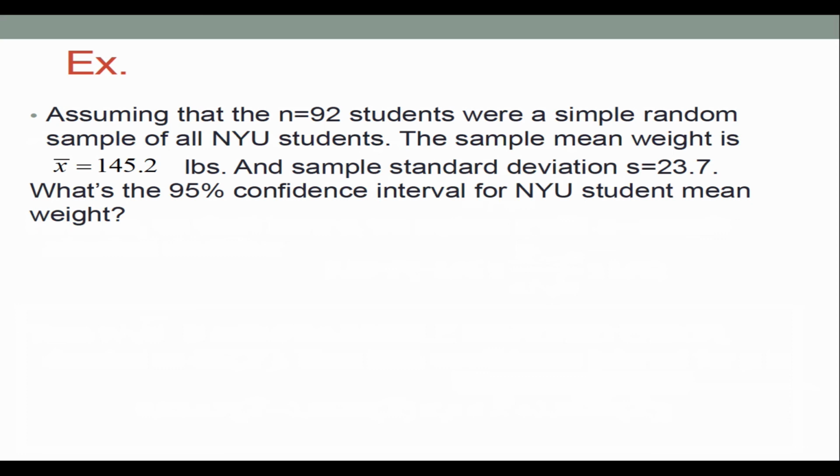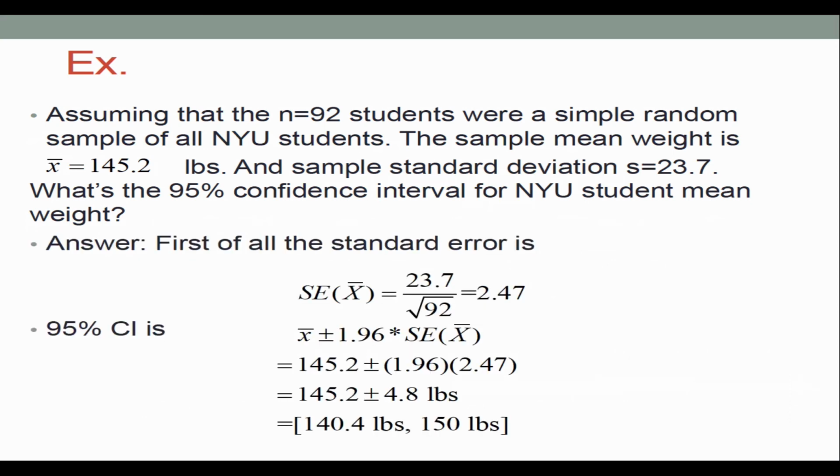This problem is simple. You just need to apply the formula we just derived on the last slide. First of all, you need to calculate the standard error. The standard error for the sample mean is just the sample standard deviation divided by square root of n. In this example, n is 92.